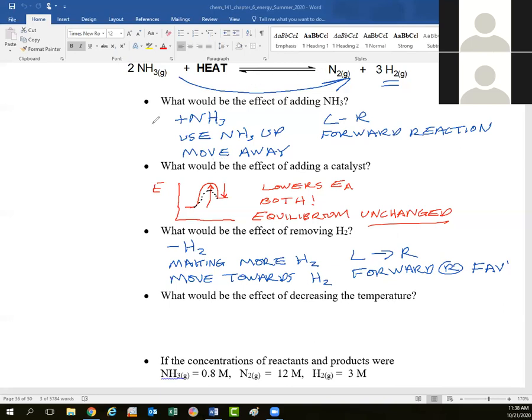Just out of curiosity, if you were holding that test tube when the hydrogen was removed, what would happen to the temperature of the test tube? Would it feel hot or cold? Any thoughts? Look where equilibrium is heading. We take this stuff and turn it into this stuff every time the forward reaction is favoured.